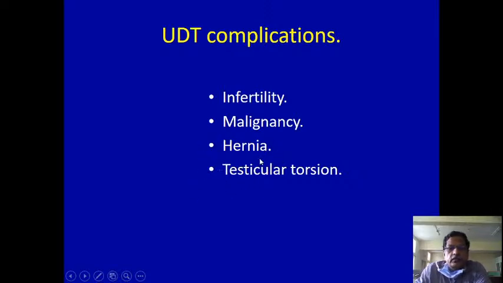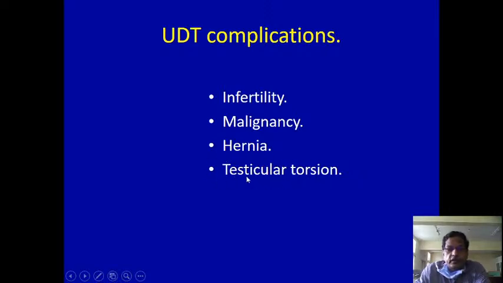Okay, so the abnormally located testis is more prone to testicular torsion. Testicular torsion is a condition which we will discuss in detail a little later. It is a twisting of the testis, causing twisting of its vascular supply and then occlusion of the vascular supply and necrosis.